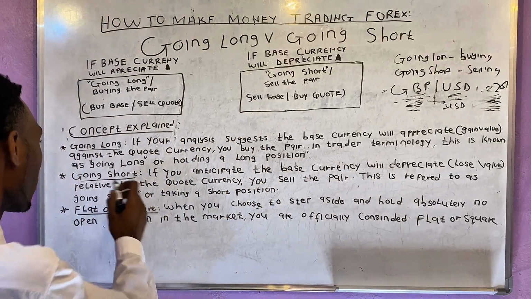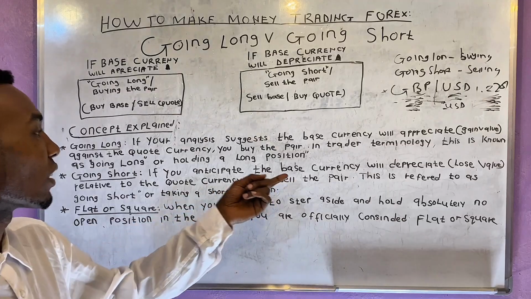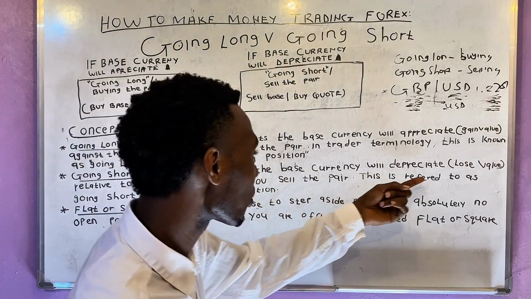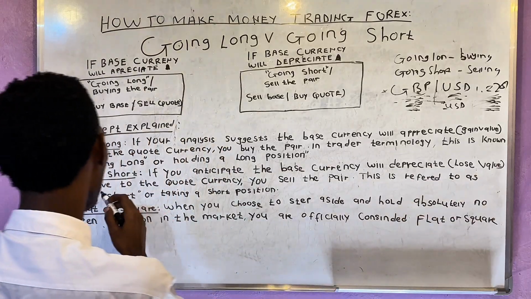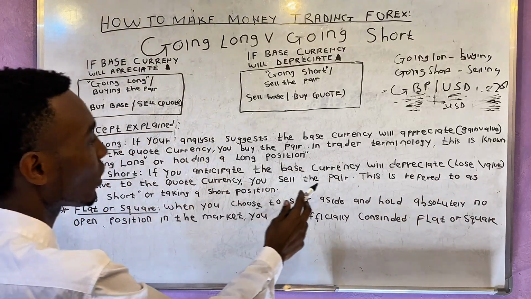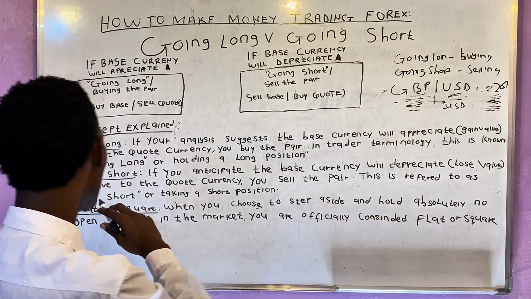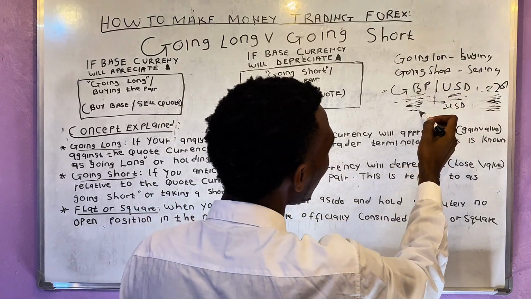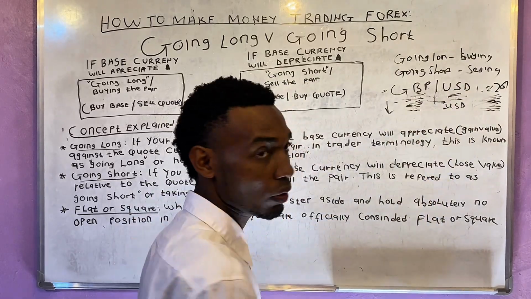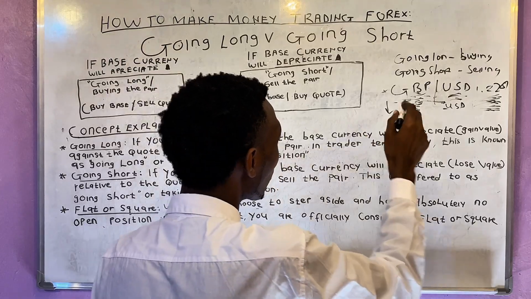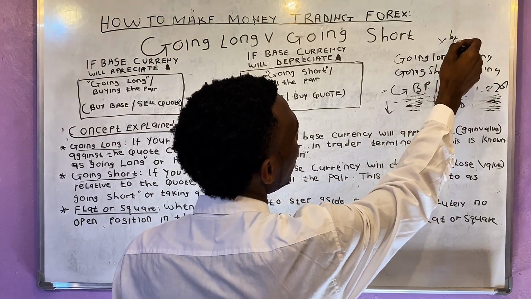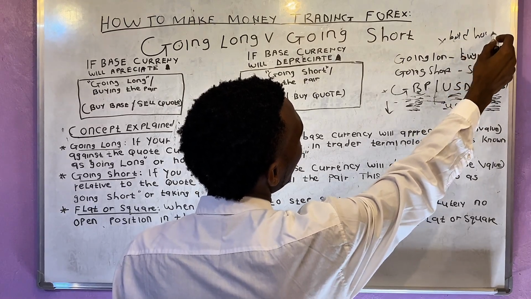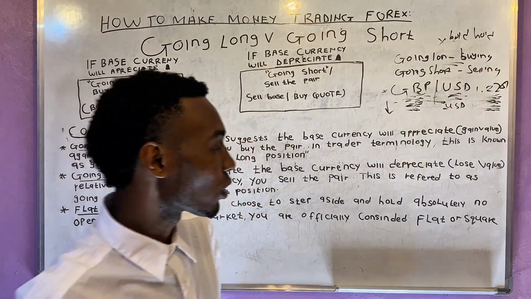Now, going short: if you anticipate the base currency will depreciate, lose value relative to the quote currency, you sell the pair. That is what I've told you. If you know this is going to drop, or the potential is to drop, you just hold on here so that you sell.